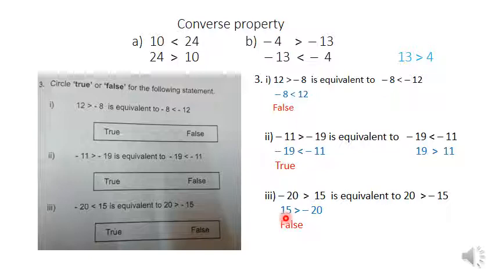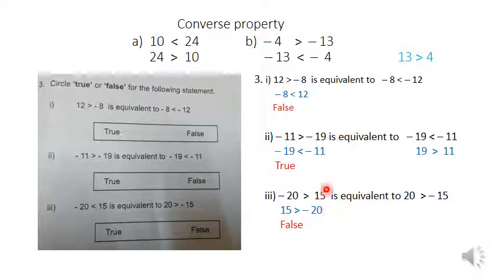Okay, look at the converse property that you get and the given converse property. Same or not? Different. So your answer is false. Negative 20 is greater than 15 and the converse property that you get, 15 is greater than negative 20. Yes, these two equivalent.